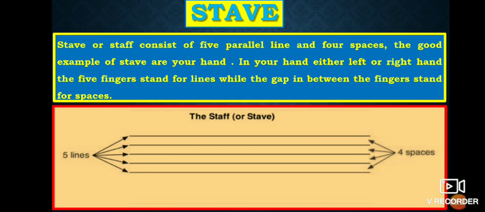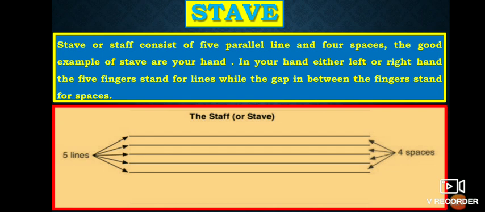The spaces are equal. A good example of the stave is your hand. In your hand, either left or right, the 5 fingers stand for lines, while the gaps in between the fingers stand for spaces.